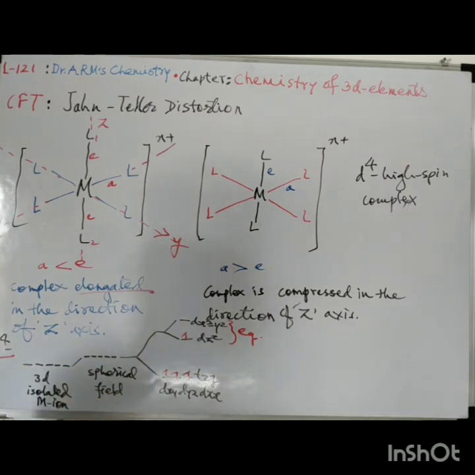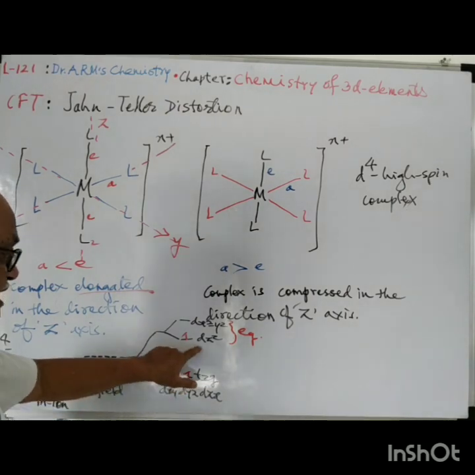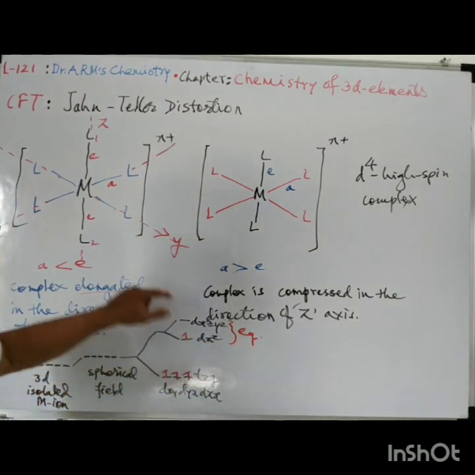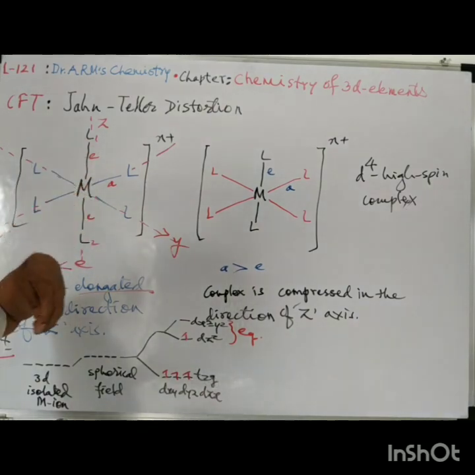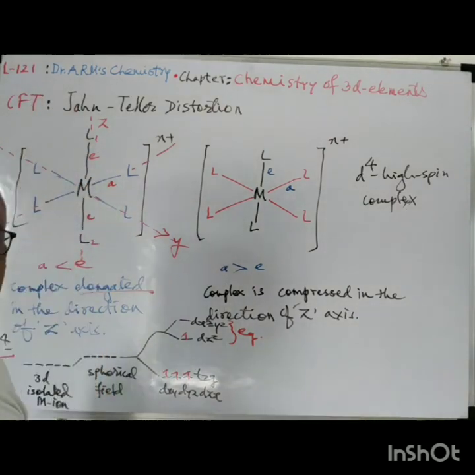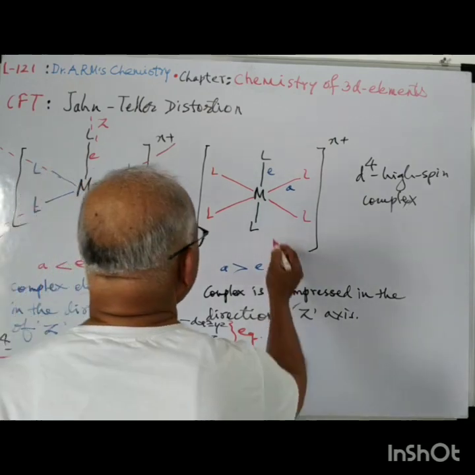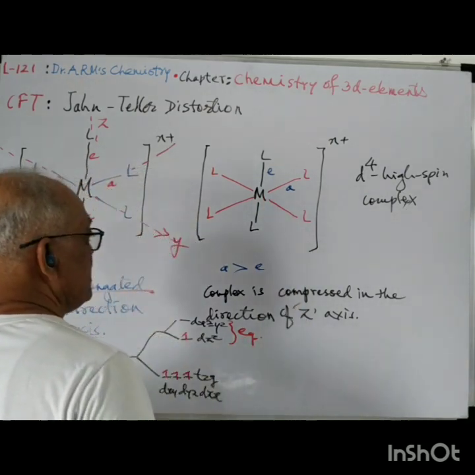There is only one electron, but there are two orbitals. So that one electron will enter dz2, and because of this, the elongation takes place in the direction of the z-axis.